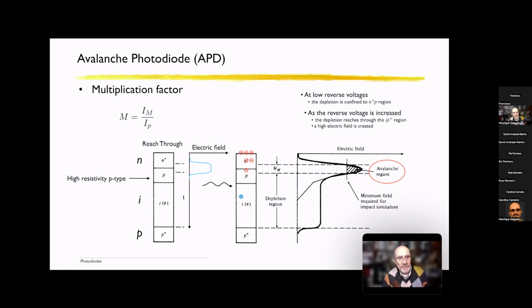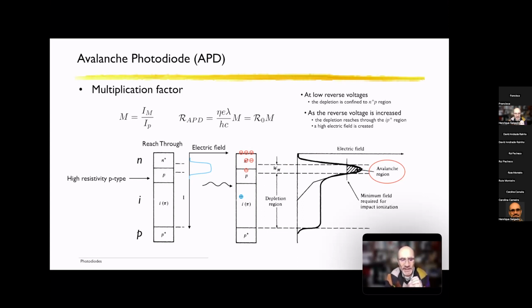Mathematically, we can express this result as if the avalanche photodiode has a multiplication factor, or a current gain factor, which is defined by the multiplication current divided by the primary photocurrent when there is no gain. And so the responsivity of the photodiode, which is a characteristic of the photodiode, becomes multiplied by the current gain.